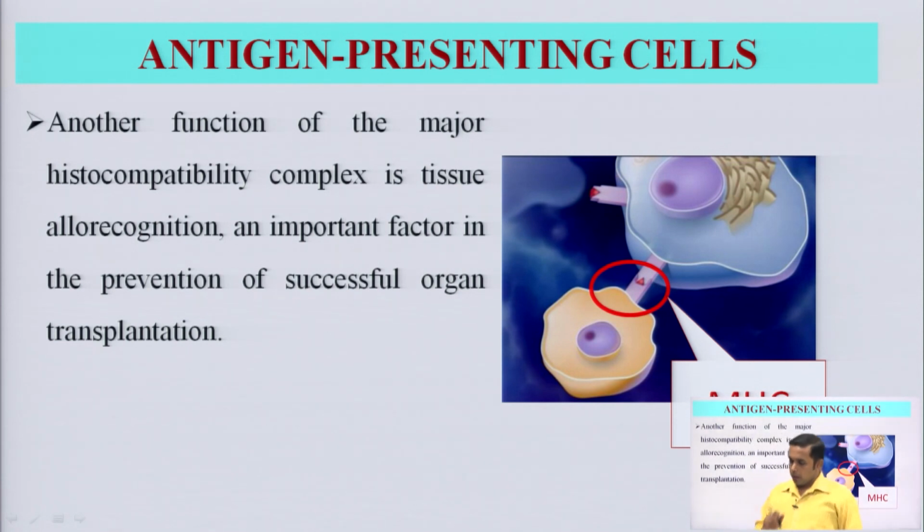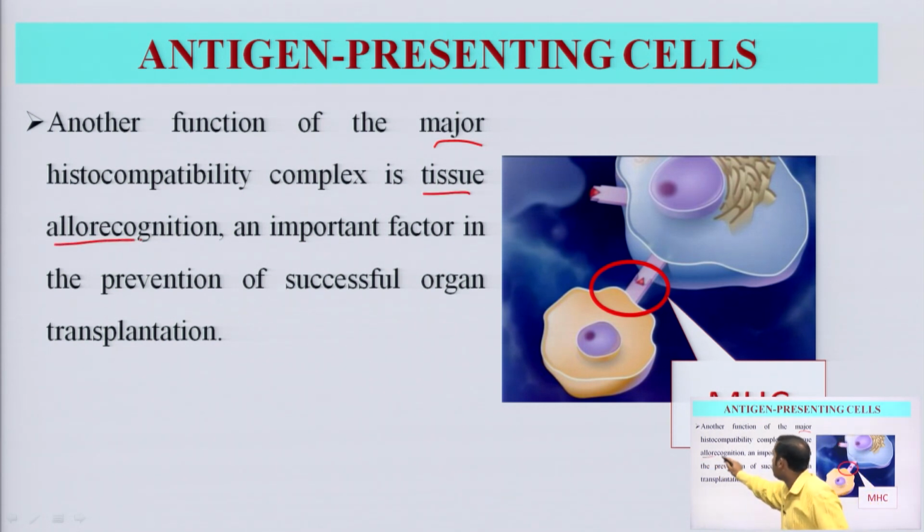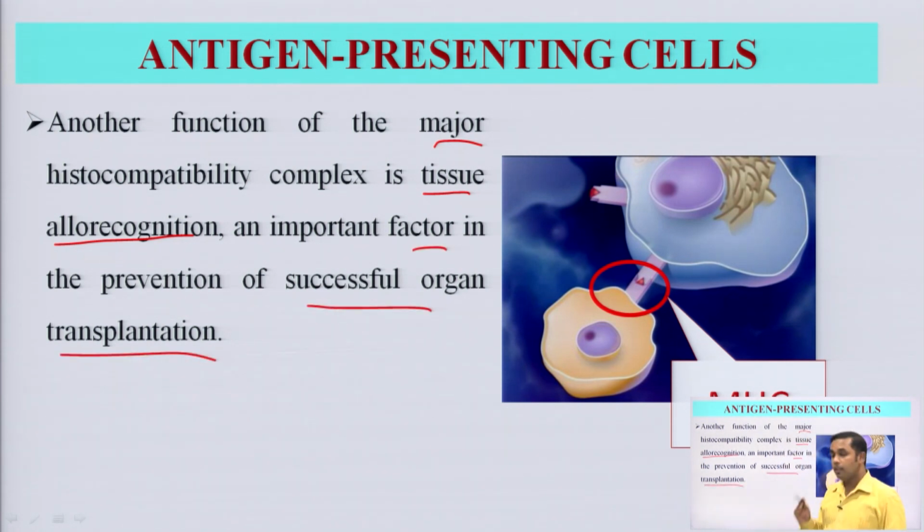Let me also tell you about the antigen presenting cell. Another function of the major histocompatibility complex is tissue allorecognition, which is an important factor in the prevention of successful organ transplantation.